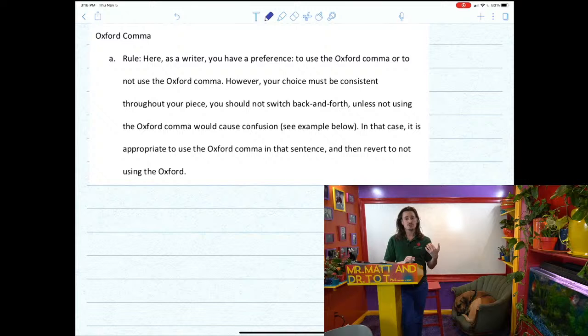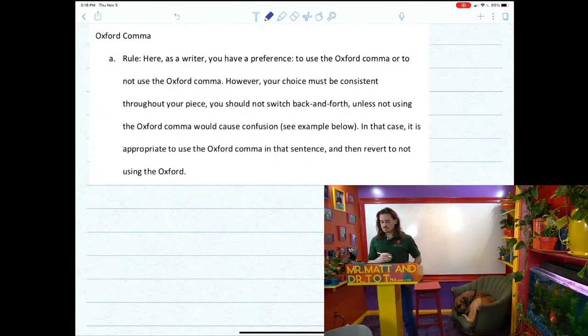Personally, I always use it because there are scenarios in which if you don't use it, it can cause confusion to the reader. So personally, I just always put a comma before the conjunction and or the last item. It's not just the conjunction and, it's the last item in a series listing. I always use it just to avoid the contemplation as to whether it's going to cause confusion if I omit it. So it's up to you.